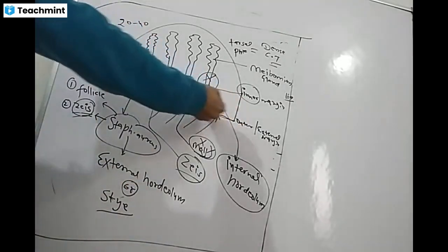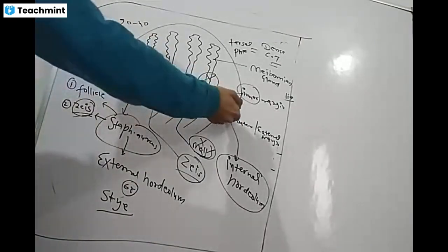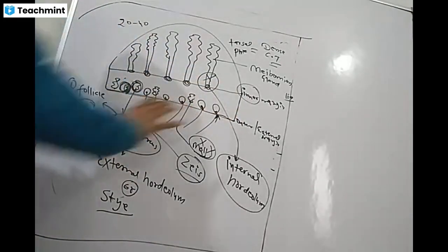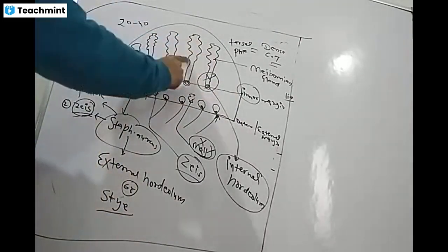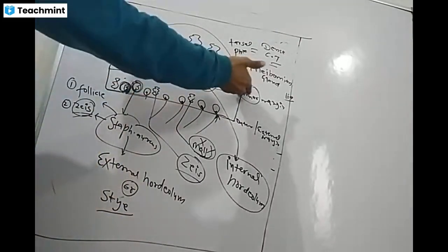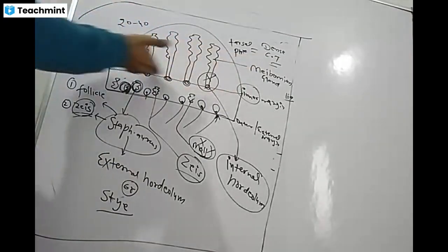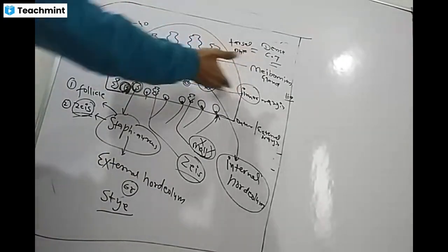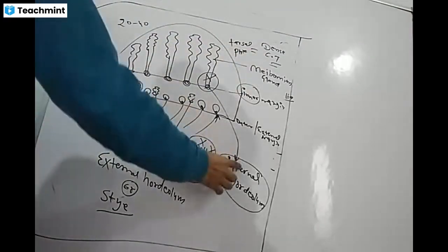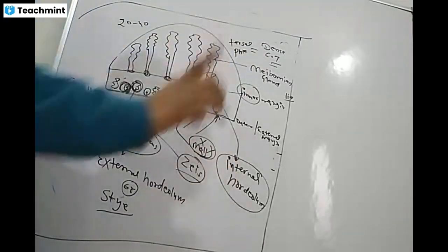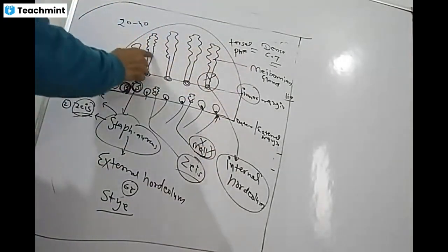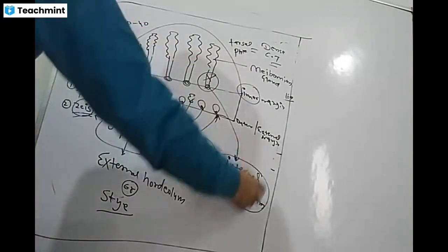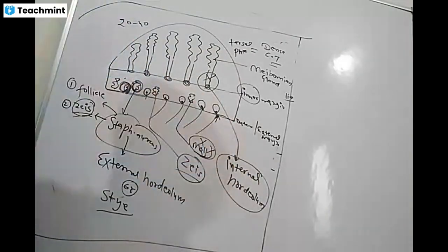Because they are present at the external margin, it is easy to remember it is external hordeolum. These meibomian glands open at the internal margin, so it's easy to remember internal hordeolum. It means staphylococcal infection of the meibomian gland is called internal hordeolum.